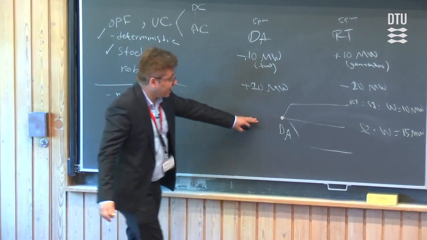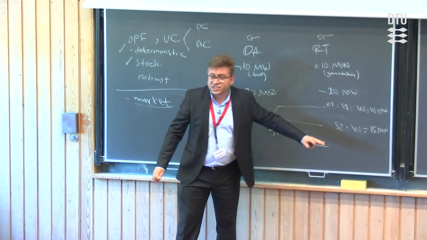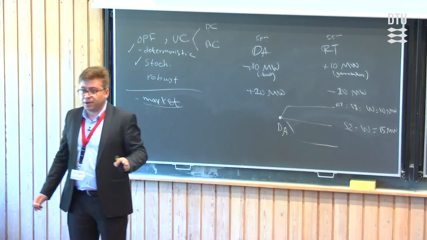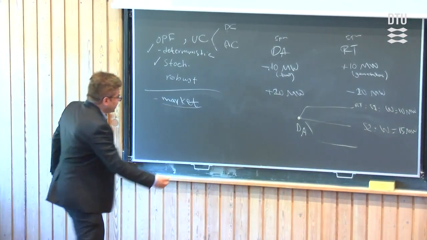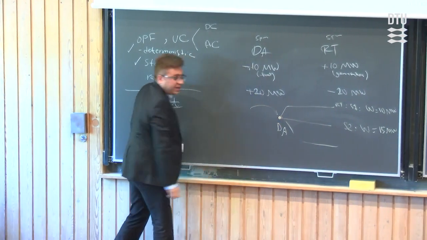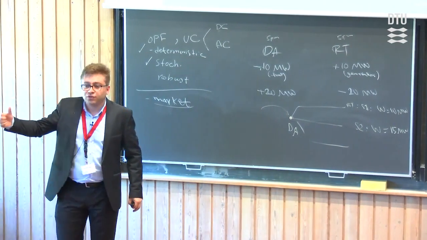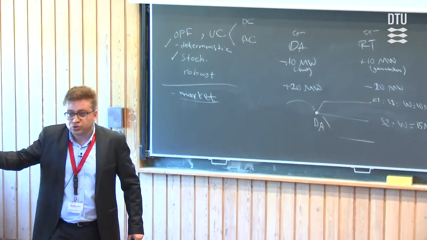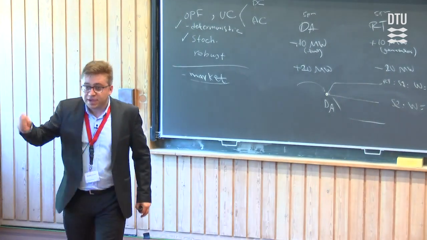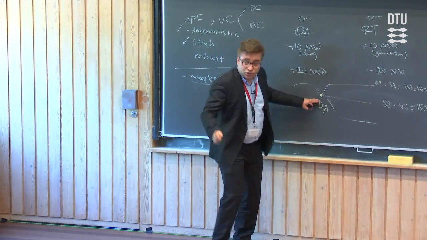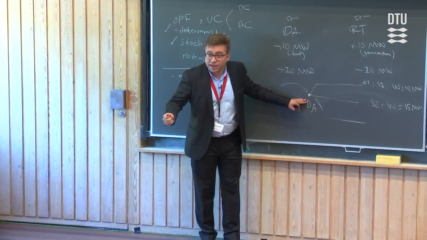So in the day-ahead stage, you don't know which realization will happen, but you have some probabilities. So what are your day-ahead decisions? The unit commitment, which generator should be on, which generator should be off, and also the dispatch of the generators in day-ahead. Those are the important decisions that you have to make in day-ahead.